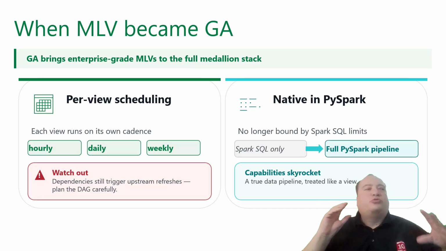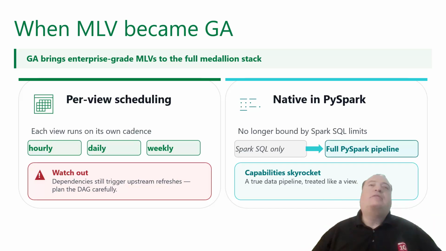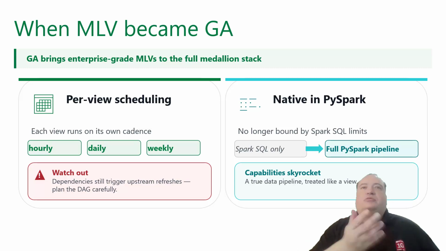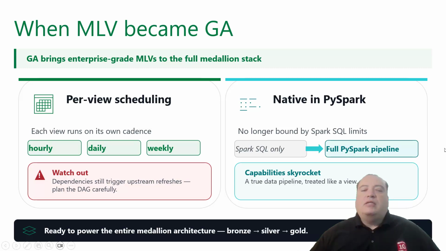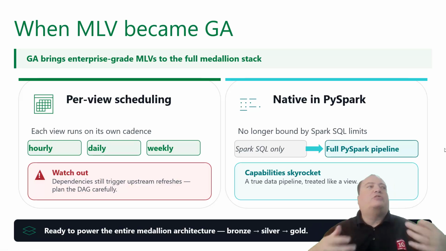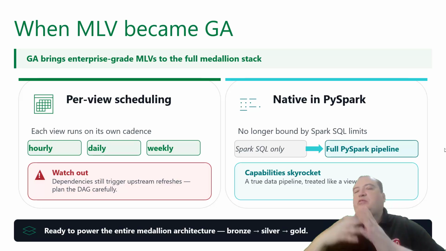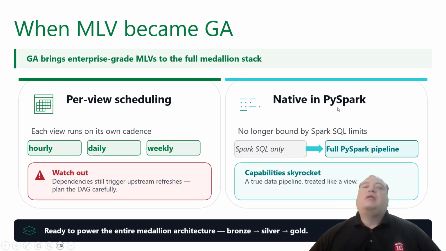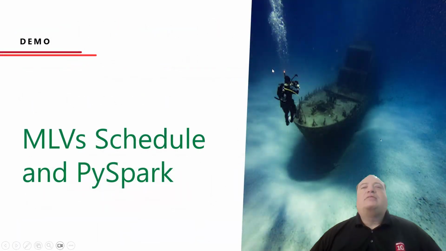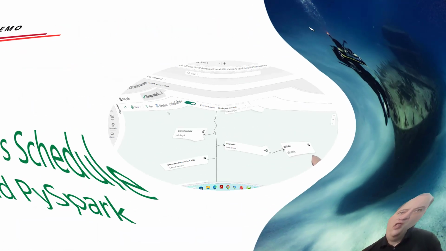The code is way easier, and the Materialized Lake View will orchestrate the transformation using the schedule in the lakehouse. In this way, they became extremely powerful for us to build an entire medallion architecture, bronze to silver to gold, using Materialized Lake Views. Let's see how these features work.